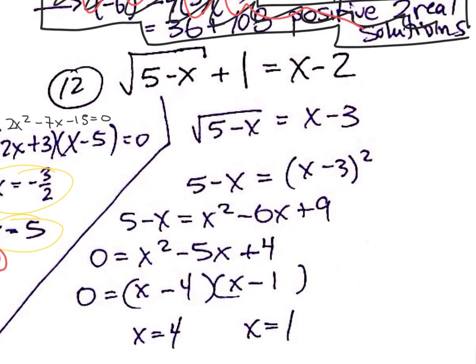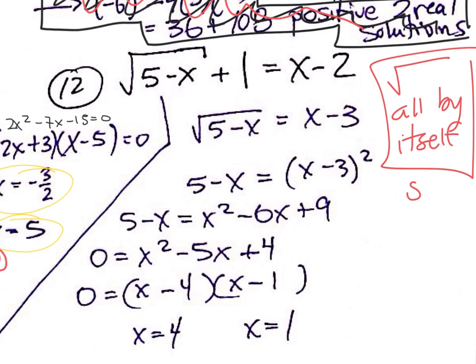Tough stuff. Okay, so here's our radical equation. We got square roots in here. When you have the square root, you want the square root all by itself, and then you square both sides. If we look at what I did, I subtracted 1 from both sides first.